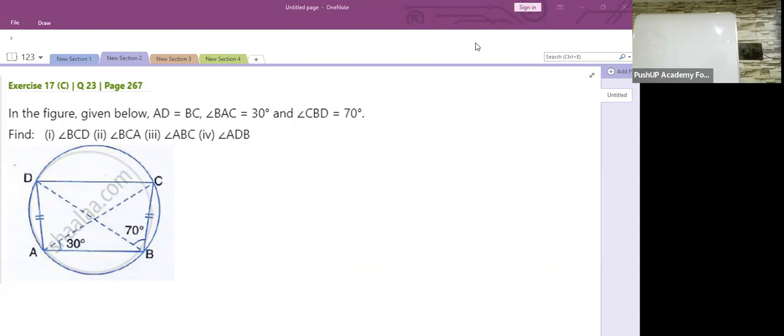How much will be the final angle BDC? Angle BDC will be how much? And come where if the steps are not correct.